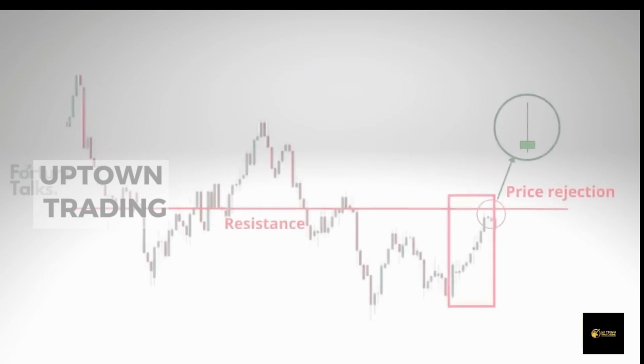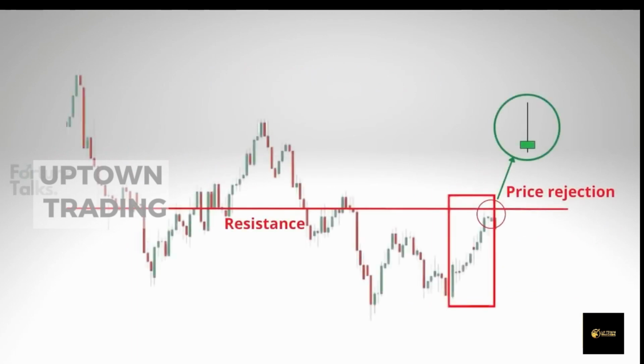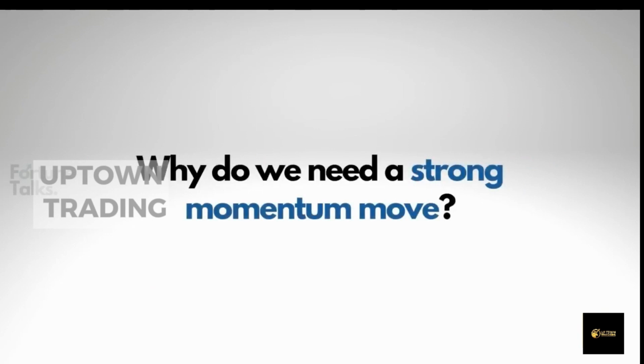Let's say this in case of resistance, a big bullish candle comes into the resistance and suddenly it gets rejected. The stronger the rejection, the better. And that is exactly what you want to see. Let's take our discussion a little deeper and understand it closely. Initially, I told you that you need to see a strong momentum move or power move into the area of support or resistance.